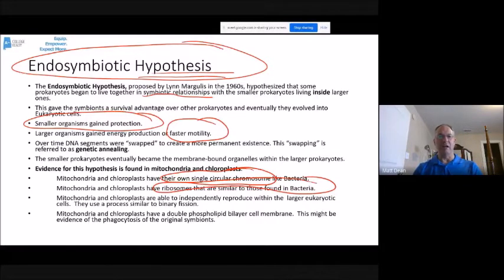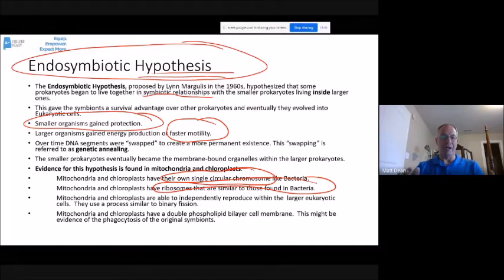Another piece is that mitochondria and chloroplast can independently reproduce separately from when the cell they're living in reproduces. And the way they reproduce is very similar to binary fission, which is how bacteria reproduce. Also, mitochondria and chloroplast have their own double phospholipid bilayer.